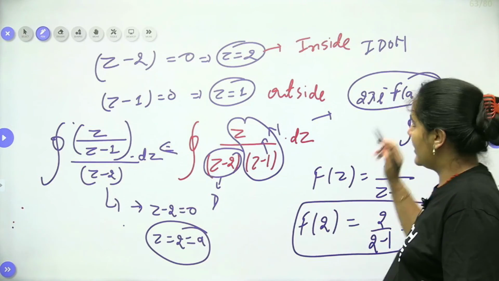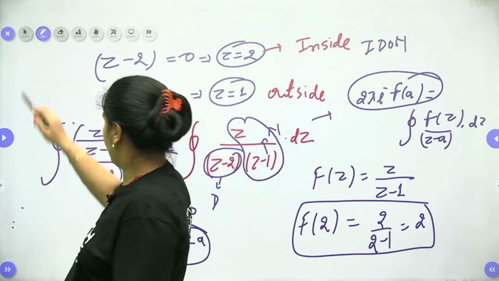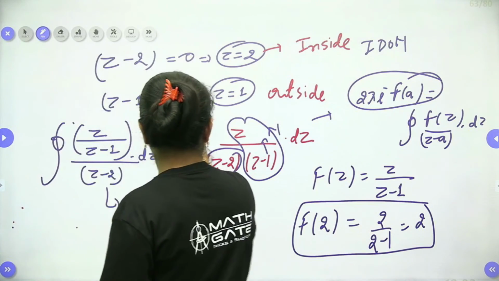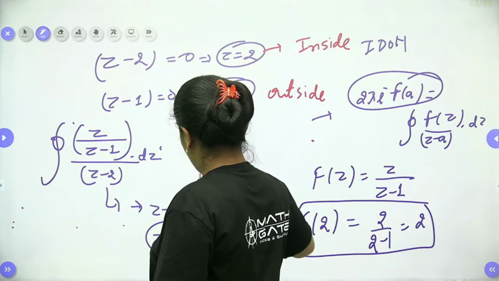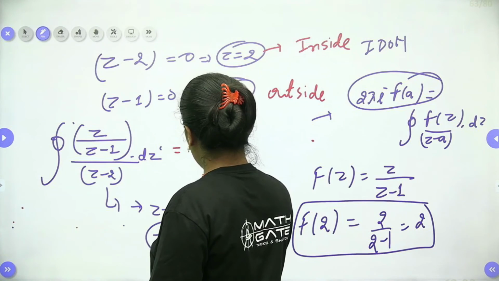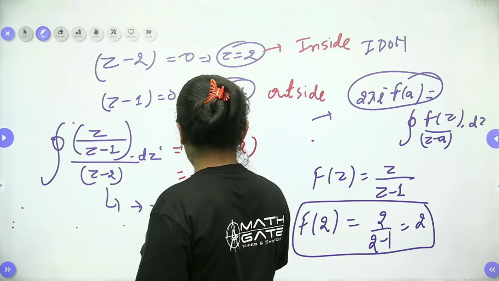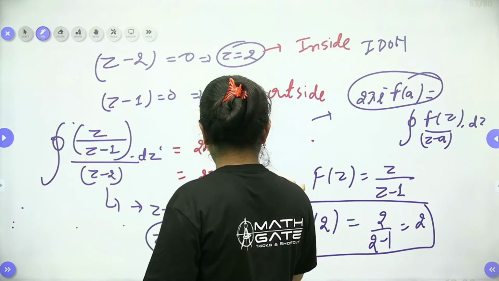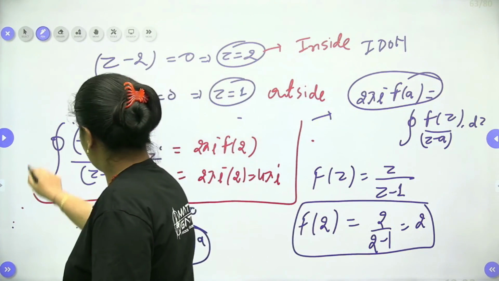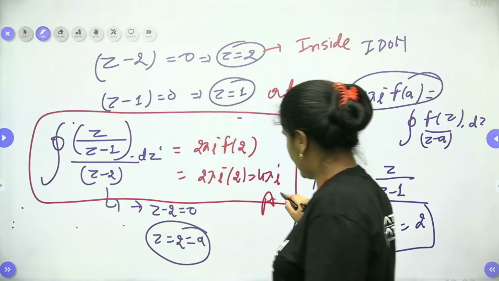So when we approach here, dear students, the result will be 2 pi iota into f(2). So the result will be 2 pi iota into 2. Hence it is equal to 4 pi iota.